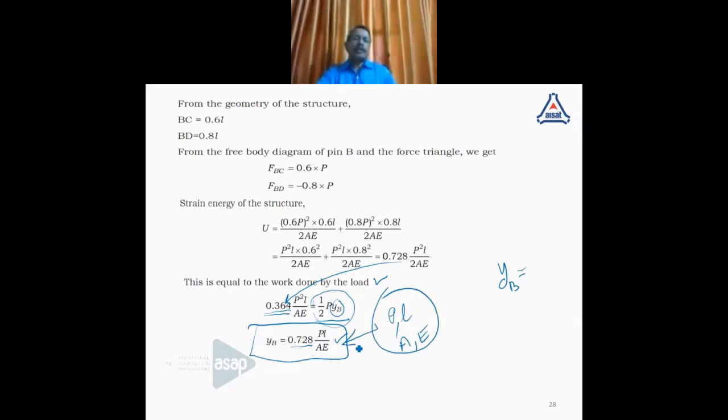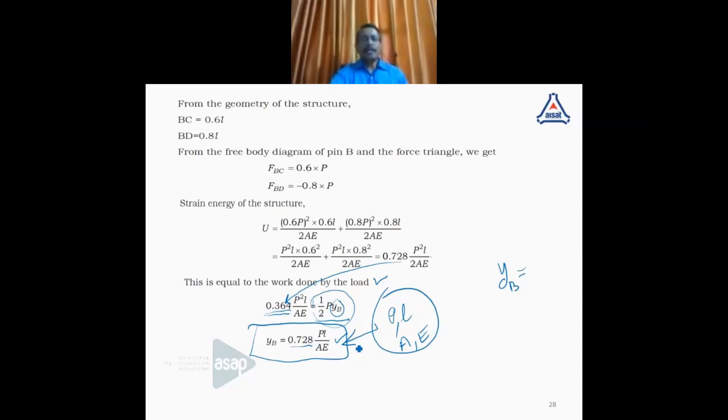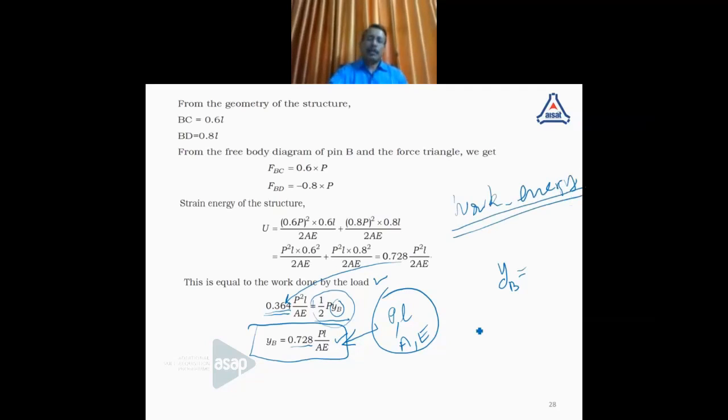This is how we solve problems using the strain energy method, now called the work energy method. The work energy method is the approach we use for a single load. Only a single load is applied.